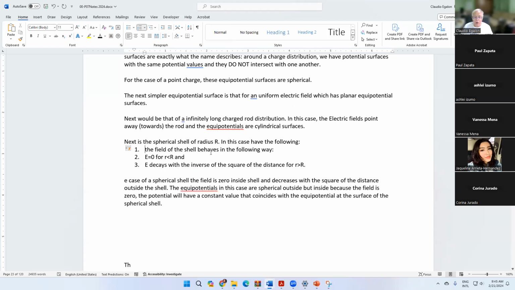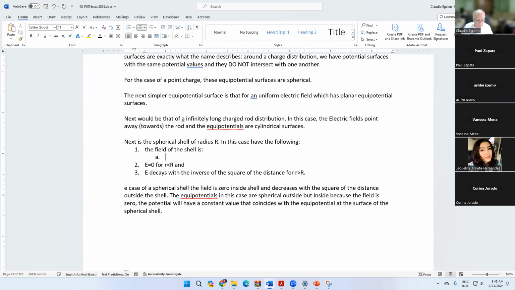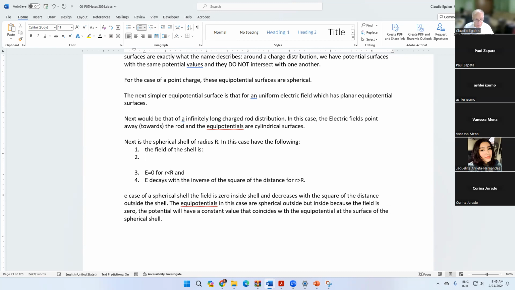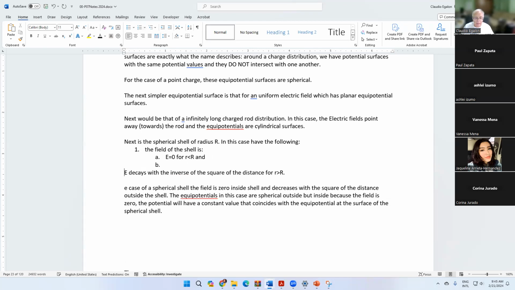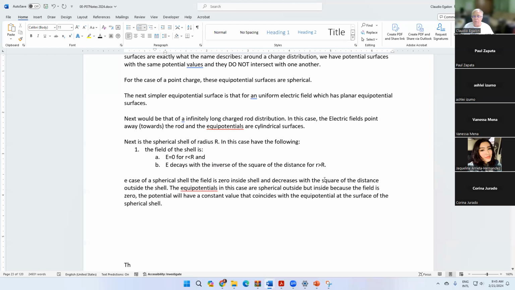One, the field of the shell is equal to 0 for r less than R, and E decays with the inverse of the square of the distance for r greater than R. We'll go even further than that, okay?